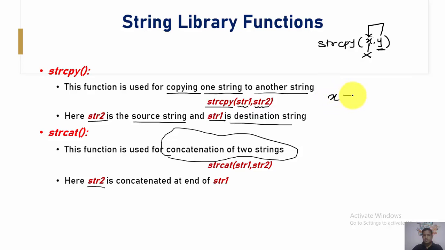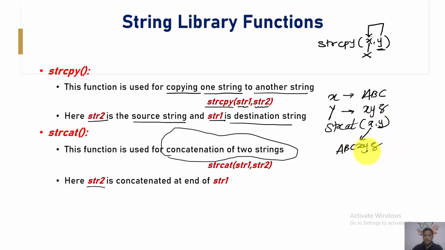For example, suppose the string x holds the value ABC, string y holds the value x, y, z, and if we write strcat(x, y), what will happen? No doubt x is ABC, and now the value of y is concatenated at the end, right?